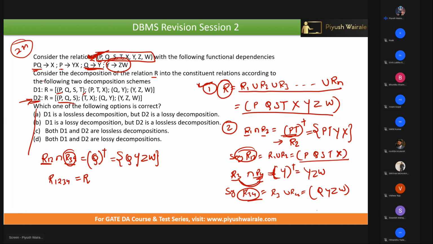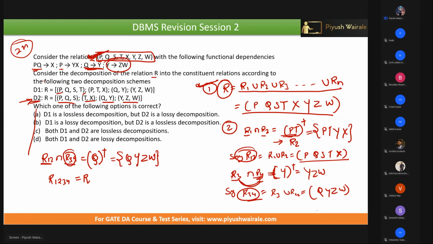We have R1, R2, R3, R4. First check for this condition. Is it satisfied? Do we have all the attributes? Yes. P, Q, S, T, X, Y, Z, W. So all attributes are getting covered.